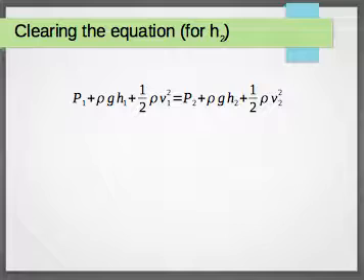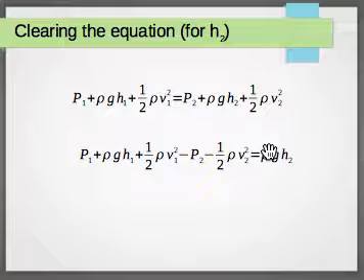I'm going to do the same thing. I'm going to clear for height 2. All right, pretty much the same idea, but with one extra step, because that H2 is next to two factors that you gotta pass as a division. So this pressure 2 and this other term, you gotta pass to the other side, or you gotta subtract on both sides to be more technically, algebraically accurate.